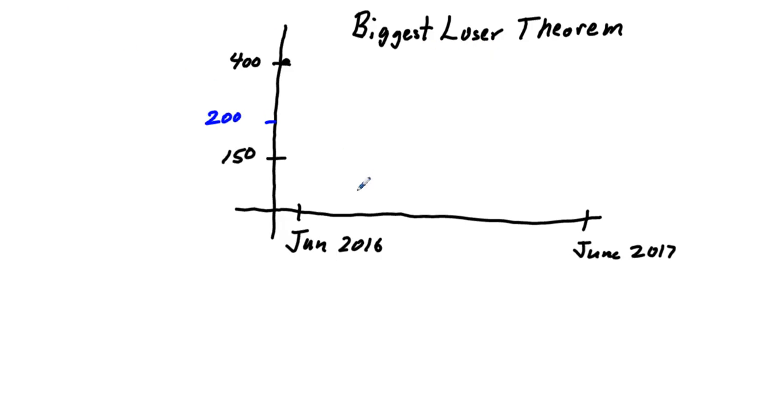I'm going to demonstrate a practical use of the Intermediate Value Theorem. There was a reality show called Biggest Loser, and the Biggest Loser theorem is, let's say we have a contestant on the show that weighs in initially at the start of the show at 400 pounds, and by the end of the show, some 17 or so months later, the individual weighs in at 150 pounds.